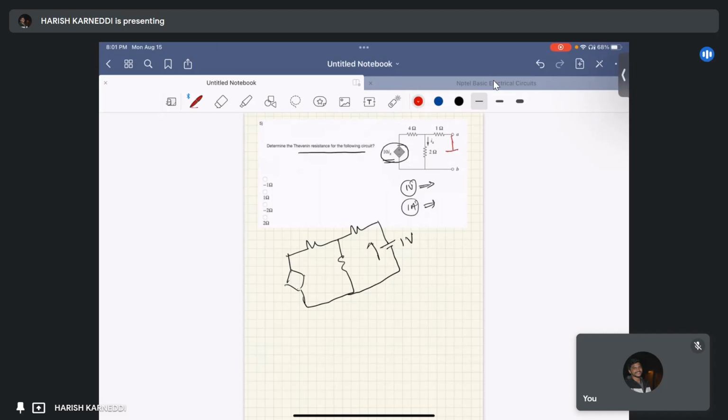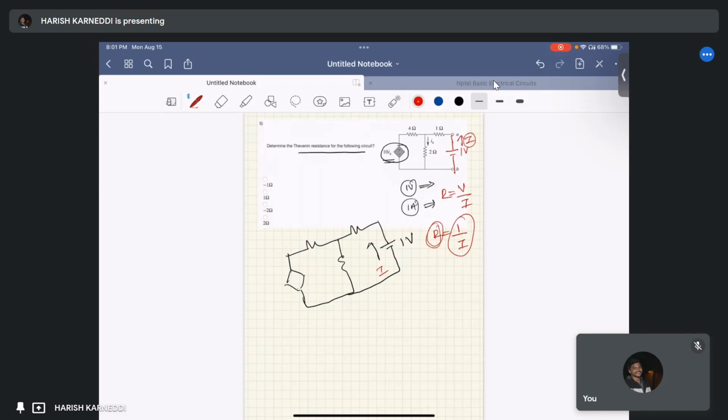I applied a 1 volt source, and I will find the current through this. From Ohm's law, R equals V by I. My V equals 1, so my resistance is just the inverse of the current delivered by this 1 volt source.